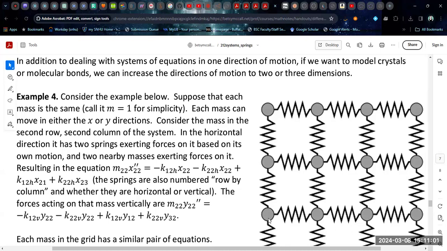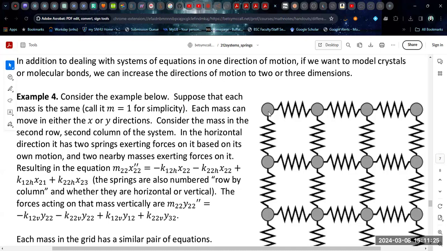All the equations on the exterior would have, like this one would have only 3 of these relationships, not 4, because there's no spring out here. If you're over here, you're only going to have 2 of these, one from this spring as this particle moves and one as that one moves in the x direction.